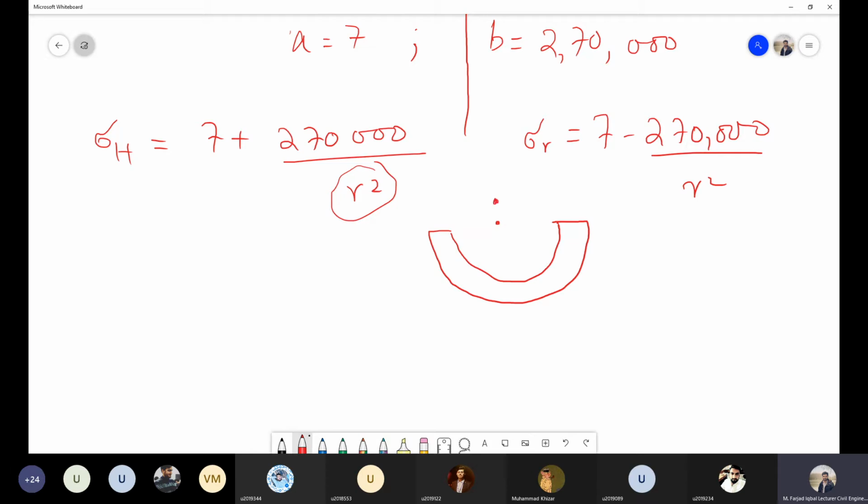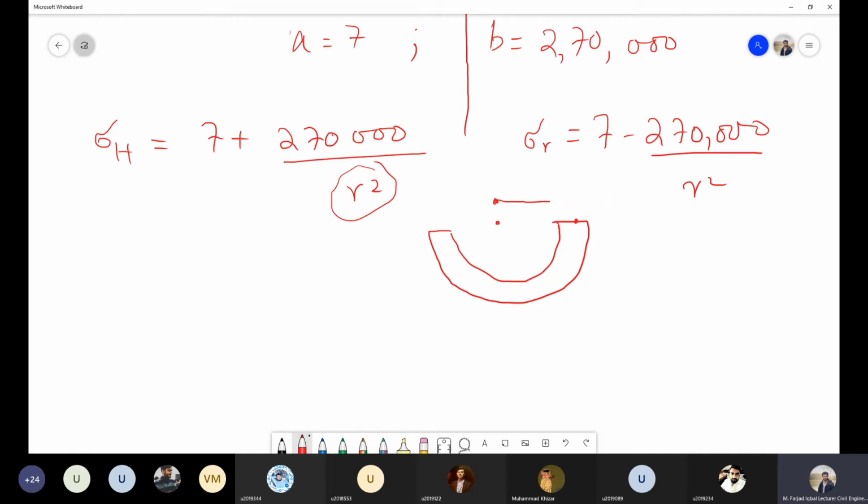For example, if I substitute this value of radius, I will have one value of hoop stress from this equation. Then I can take another point along the thickness, and I will get another value of hoop stress. Similarly, at this starting point, I may get a different value of hoop stress.